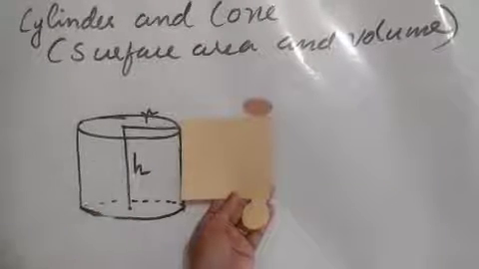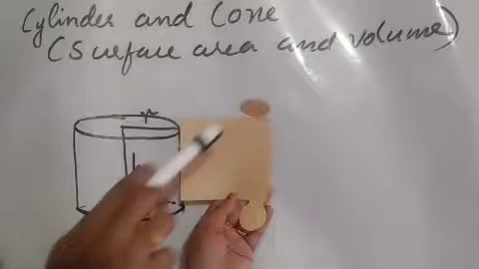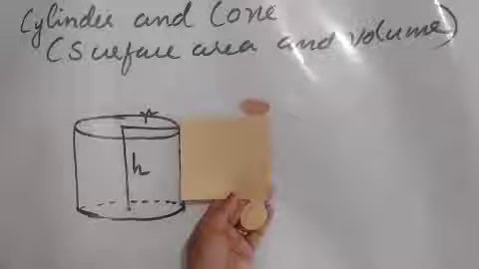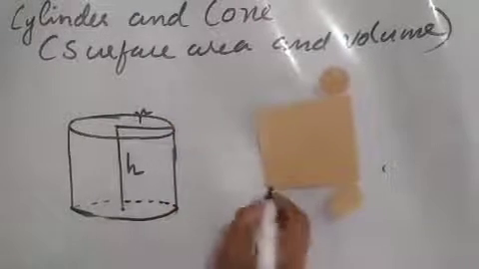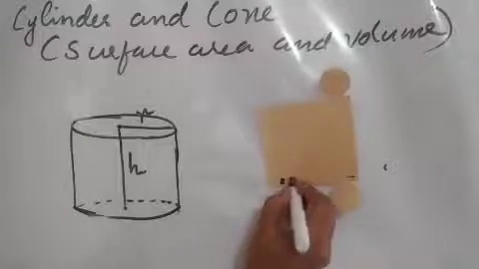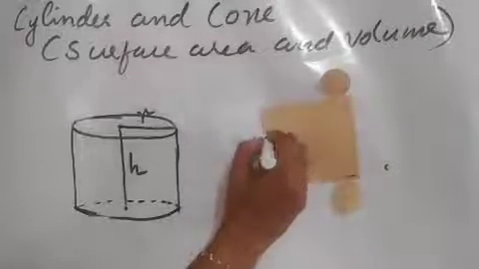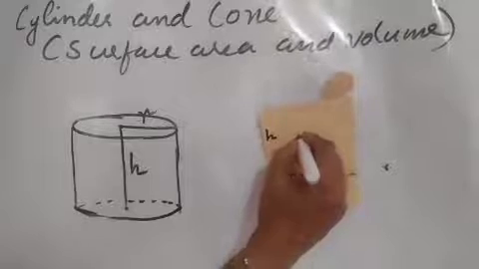So how can we find the area of the cylinder? Yes, by calculating the area of this rectangle plus the area of 2 circular faces. So let us calculate it. This is the length. The length of the rectangle is the perimeter, 2 pi r. And this is the height of the cylinder, h. Breadth is h. So how can we find the area of this rectangle?